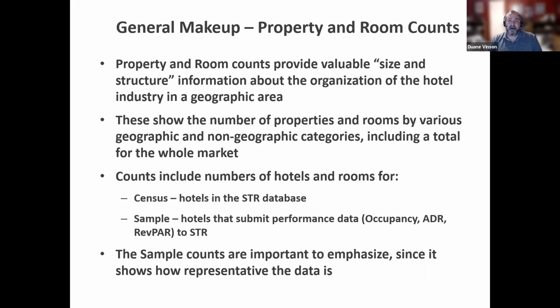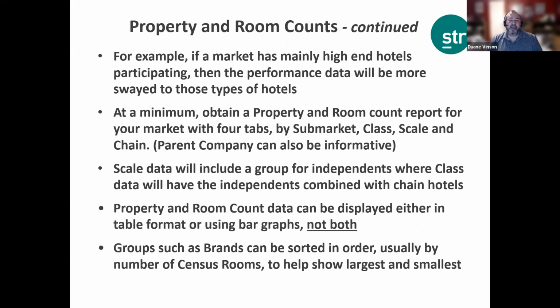Reach out to STR, whoever your person might be, maybe it's me, and get a participation list for that area so you can see exactly which hotels are reporting their data to STR. That could help you determine if it is representative or not, right? So we're going to include that census and sample information in there. Again, it's worth noting, if you see areas where the sample is a bit weak, mention that in your presentation. Okay.